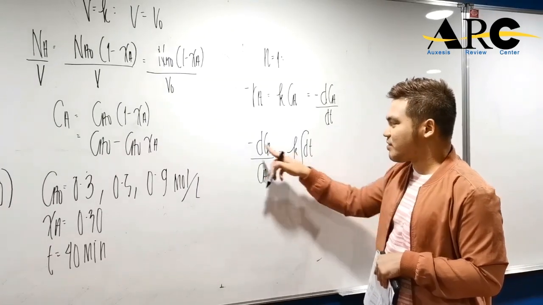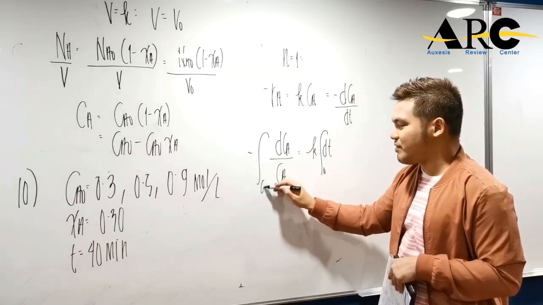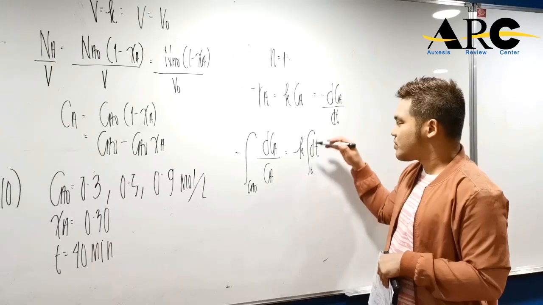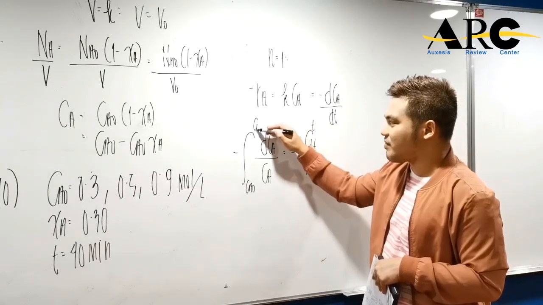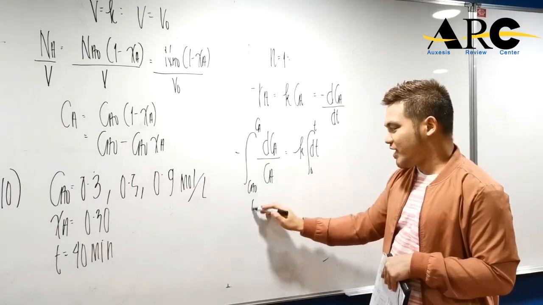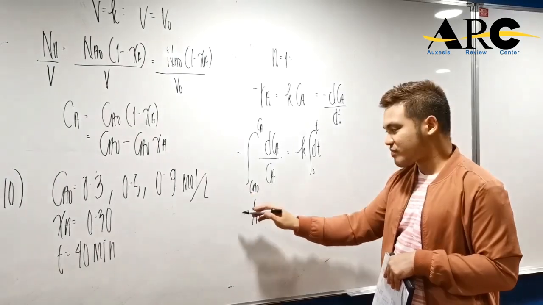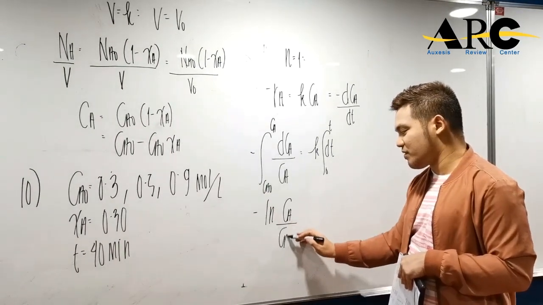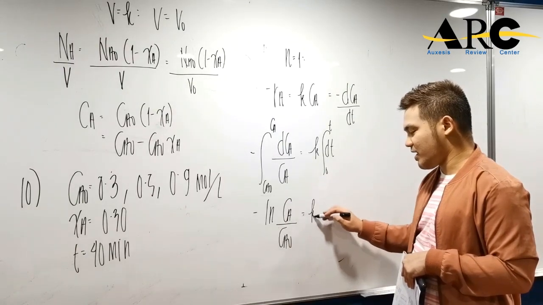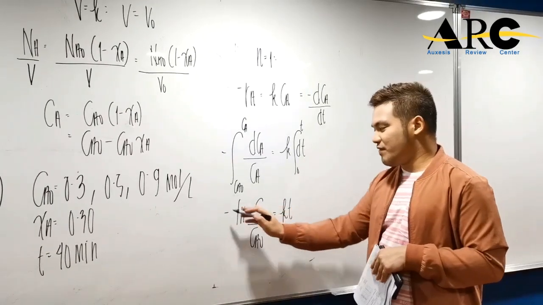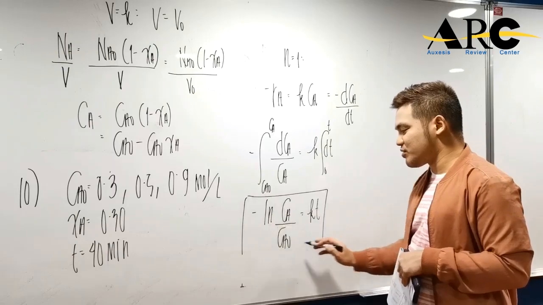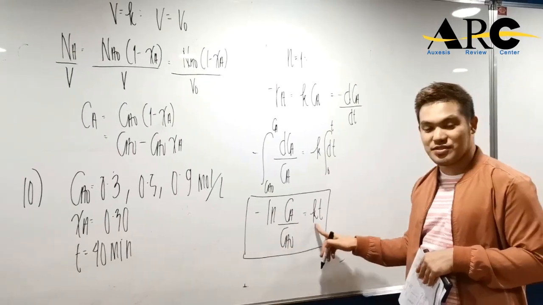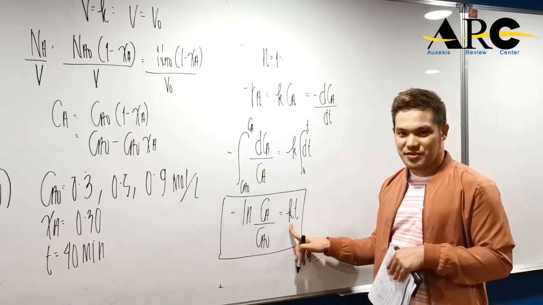At time 0, meron tayong CAO. At time t, meron tayong CA. So, we have negative ln CA over CAO equals KT. Ito yung formula natin ng relationship ng concentration sa time kapag first order.